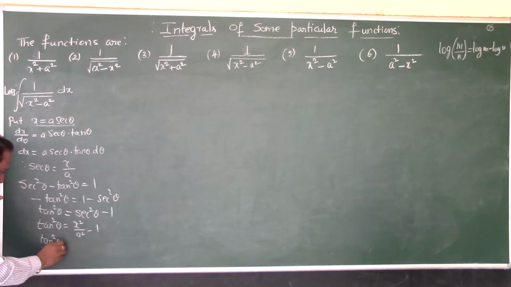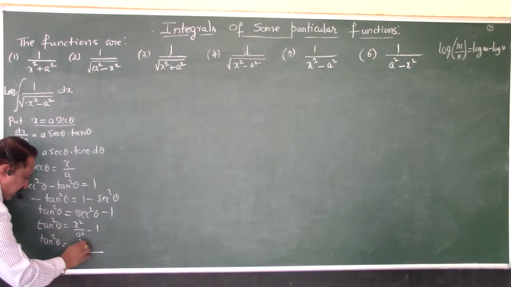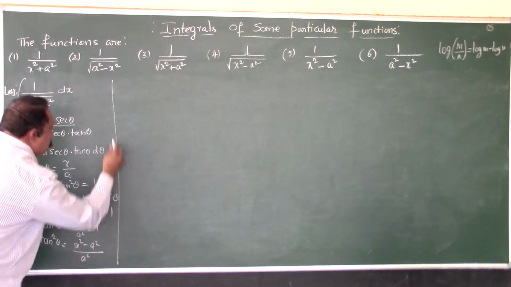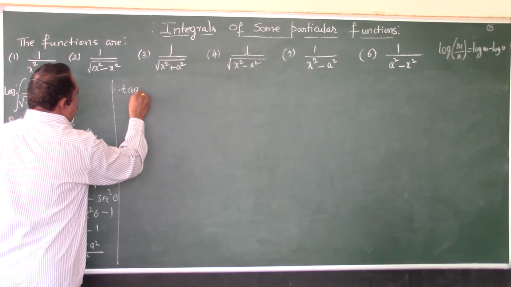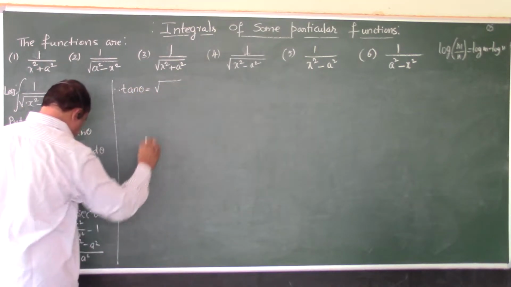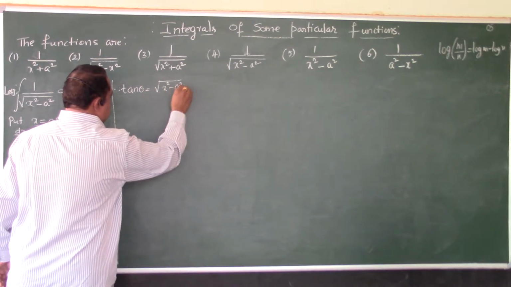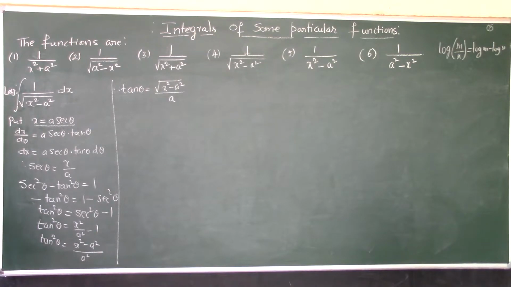Or tan square theta equals, a square is the LCM, x square minus a square over a square. Therefore, the value of tan theta is square root of this expression. Tan theta is equal to square root of x square minus a square over a, because the square root of a square is a.